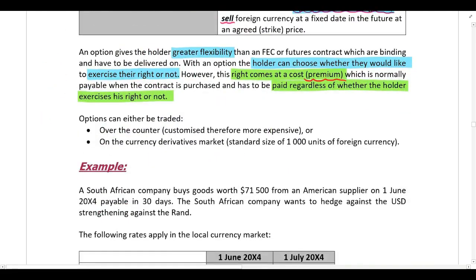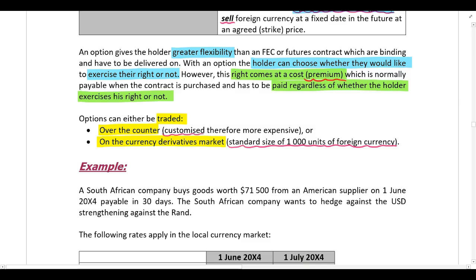Then please note, options are either traded over the counter or on the currency derivatives market. So obviously the benefit of something being traded over the counter is it can be customized and you can get exactly what you require. Whereas on the other hand, if it's on a formalized exchange, we have a standard contract size. Once again, the standard contract size is exactly the same as a futures contract of 1,000 units of foreign currency.